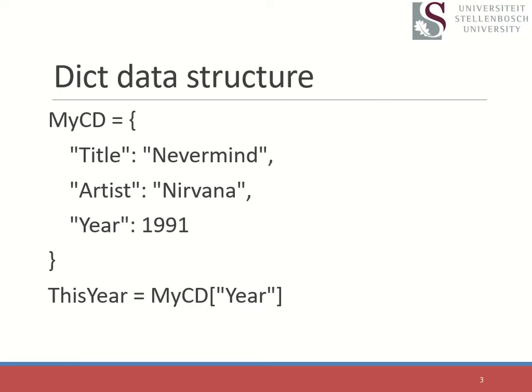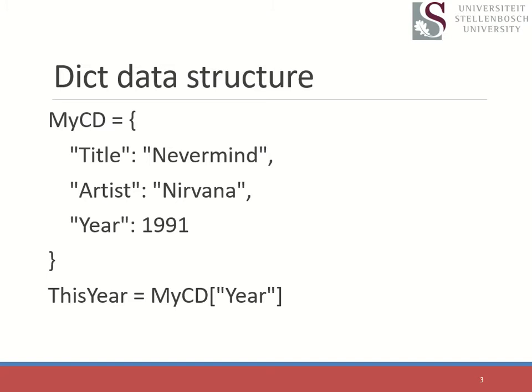All right, now I believe last week we talked about the dict or dictionary data structure. This is a structure where we have named fields, called keys, that are associated with values. So I have a data structure here titled myCD. Within it there's a key called title, and it has the value Nevermind.